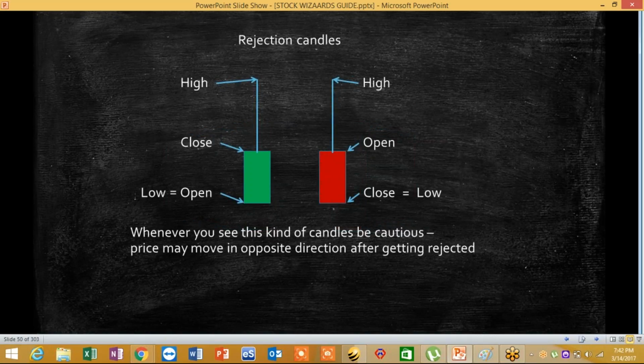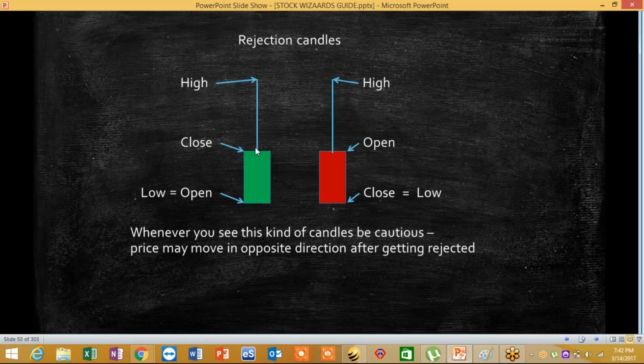Now this is what I call a rejection candle. A stock will open at this level, and suddenly there will be a high, and it will go up to this point, and from this area it will start coming down, and it will close here.